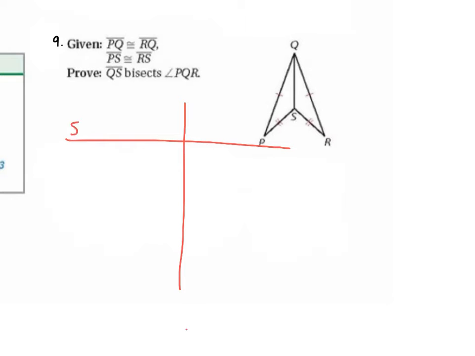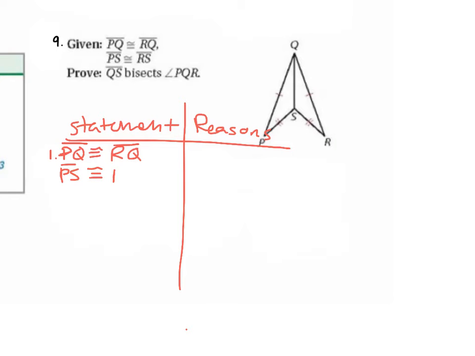So we're going to have our statements on the left and our reasons on the right. So what's our first statement going to be? The given. So PQ is congruent to RQ, and PS is congruent to RS.